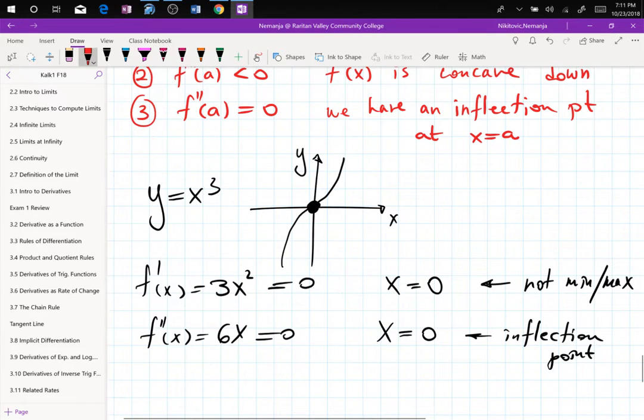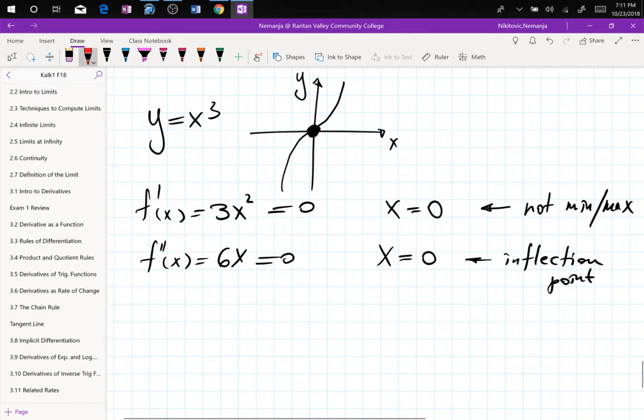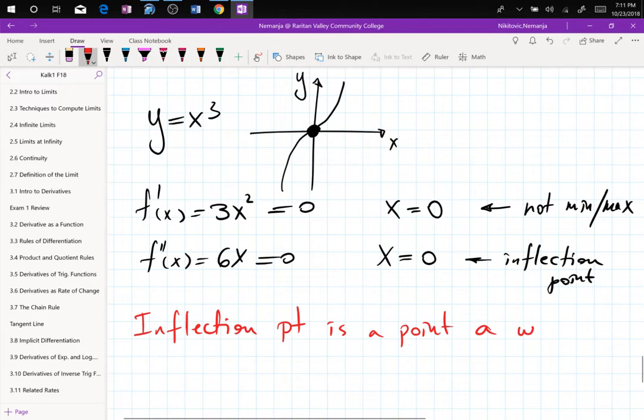And now here in red, an inflection point is a point at which concavity changes.